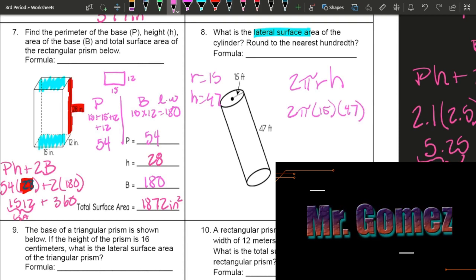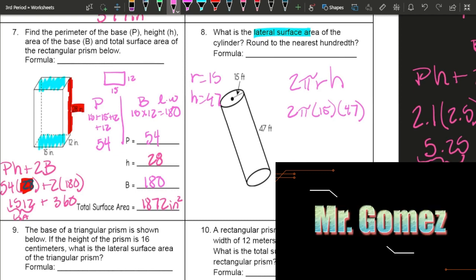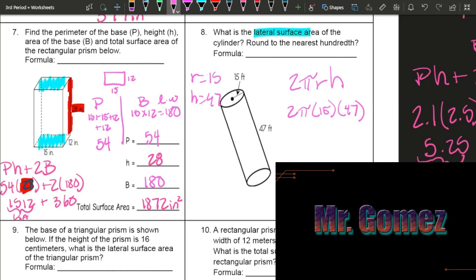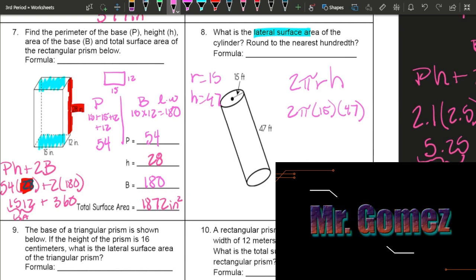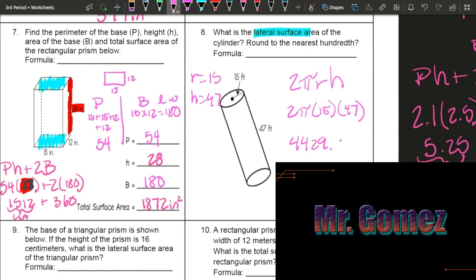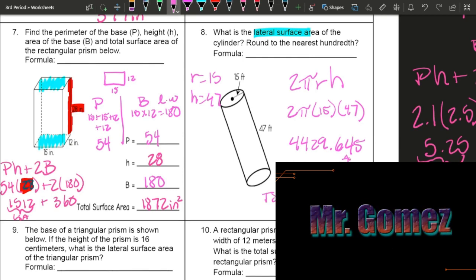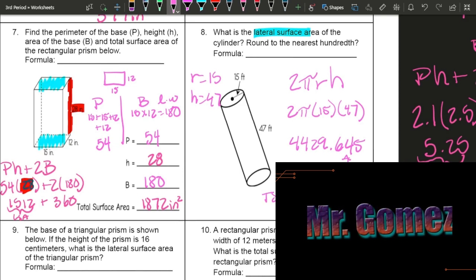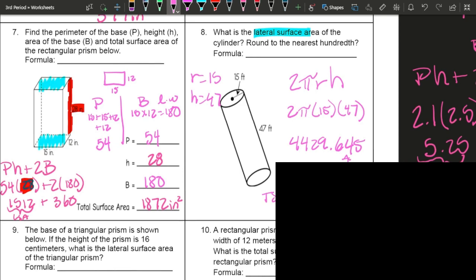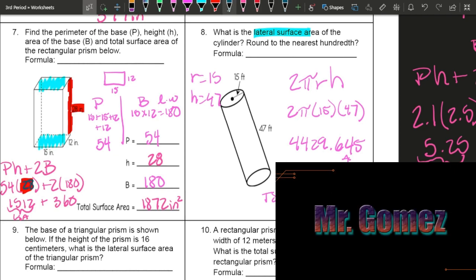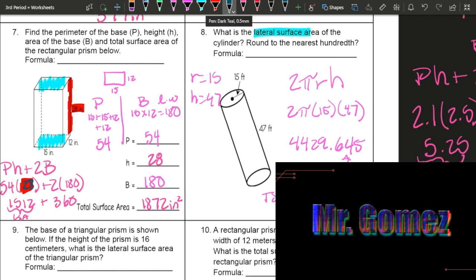That's going to give me the lateral surface area. 2 pi times 15 times 47 gives me 4,429.645. So I'm going to round to the nearest 100. So my surface area is going to be 4429.65 feet squared. Any questions?